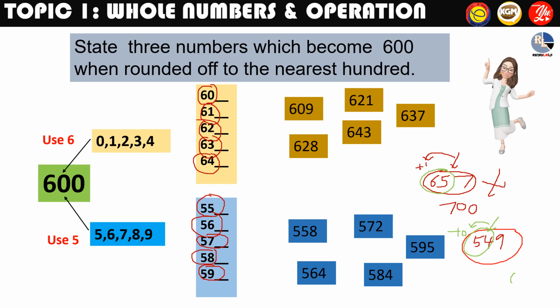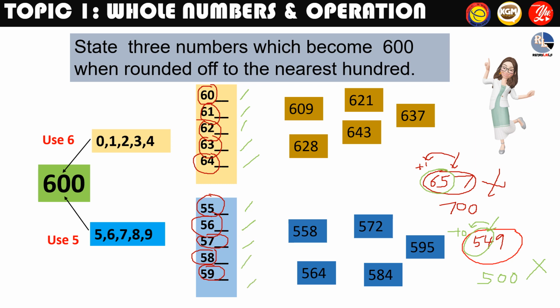The last 2 digits become 0, and the answer is 500. So it is also wrong. So remember, boys and girls, when you are doing rounding off, the number must start from 60, 61, 62, 63, 64, or 55, 56, 57, 58, 59.